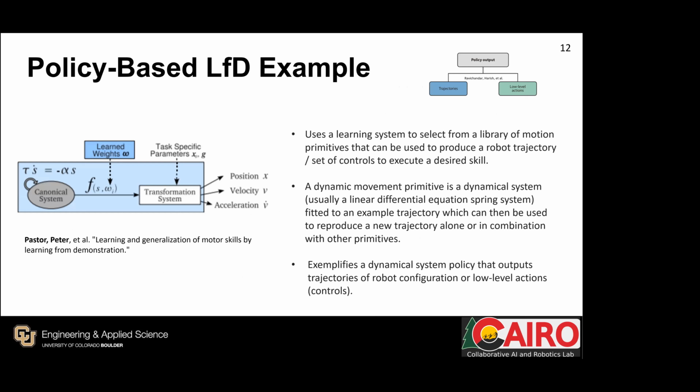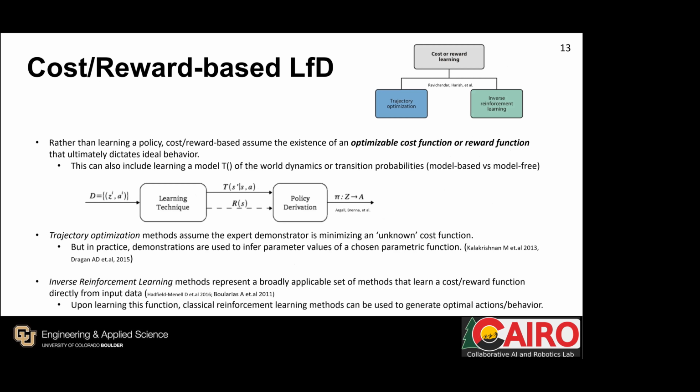A dynamic movement primitive is a dynamical system, usually a linear differential equation spring system, fitted to an example trajectory, which can then be used to reproduce a new trajectory alone or in combination with other primitives. In this case, this function and the weights associated with the dynamical system are essentially the policy directly learned that can then produce robot trajectories.